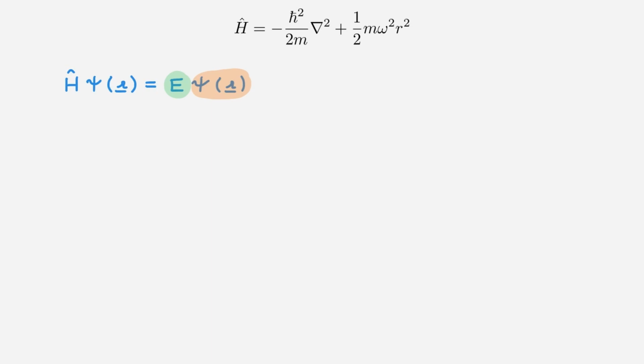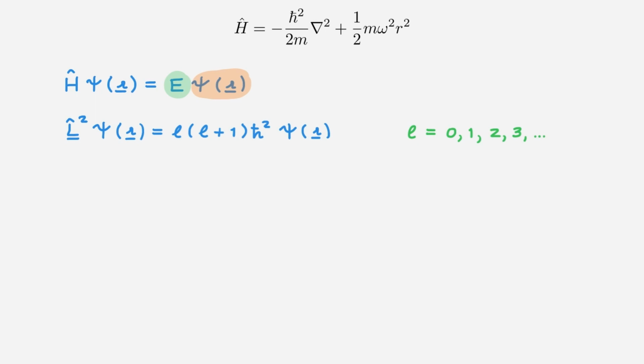One important feature of the eigenfunctions is that they can be chosen to also be eigenfunctions of the L-squared orbital angular momentum operator like this, where remember that the quantum number L can take any non-negative integer value.